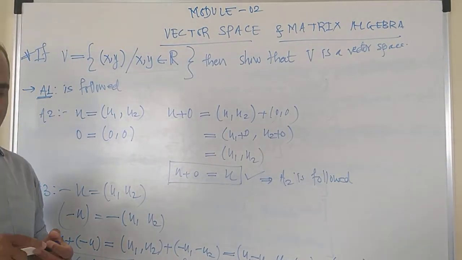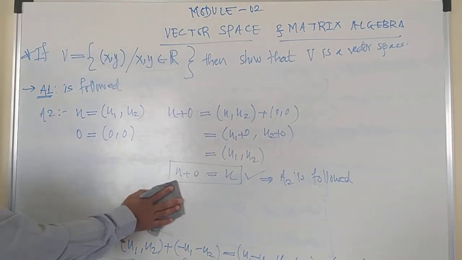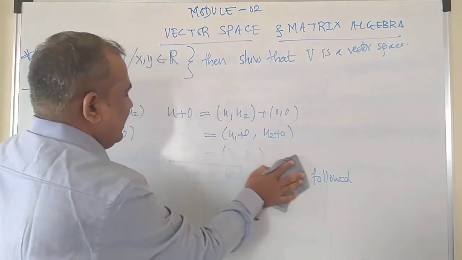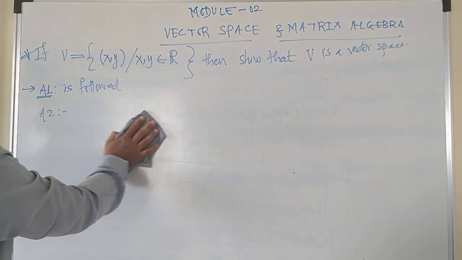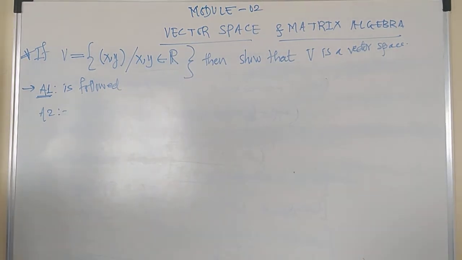If the third axiom is followed, let's go and check the fourth axiom. And the fourth axiom is for addition of the two vectors. If u and v are the two vectors, and if you are able to write u plus v is equal to v plus u, then the fourth axiom is said to be followed, right?